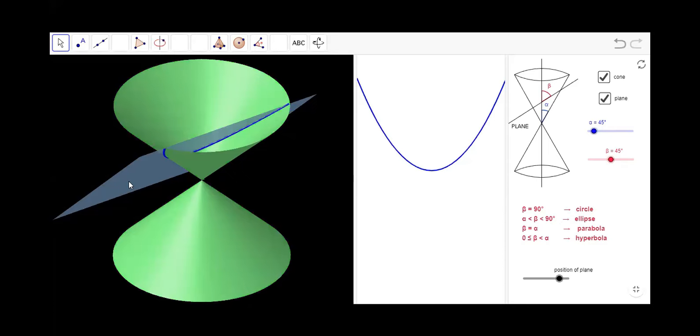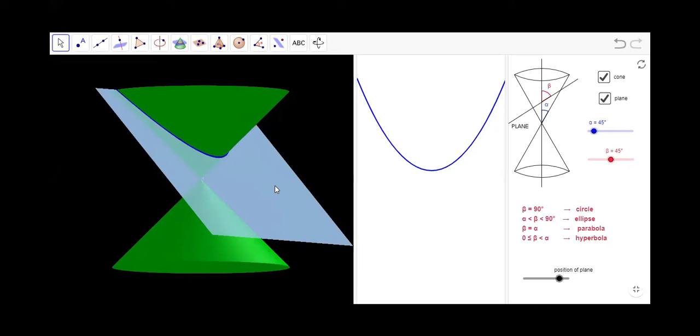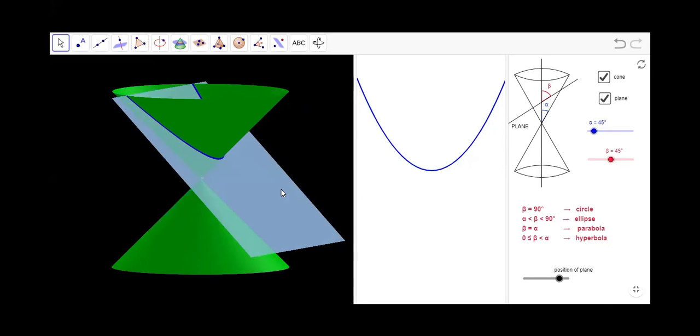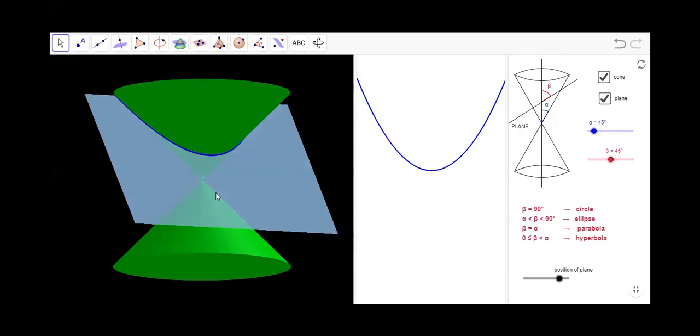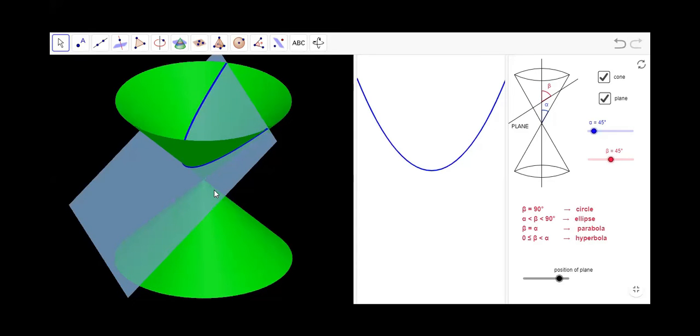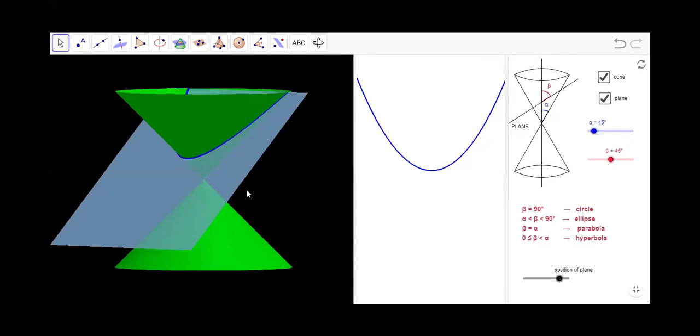Alright, so also you have here the plane. Ito yung dahilan kaya ka nagkaroon ng conic section, kasi by definition, a conic section is the intersection of a double-napped right circular cone and a plane. So kapag nag-intersect daw sila, magkakaroon ka ng conic section.